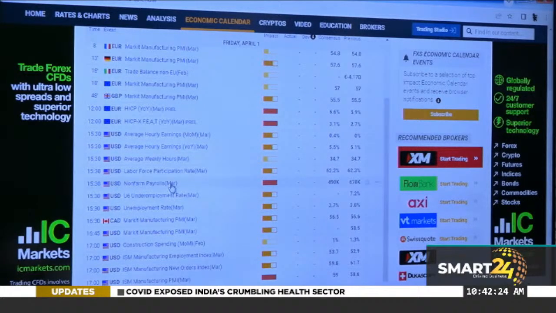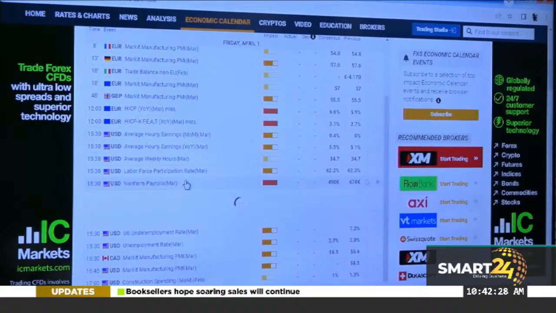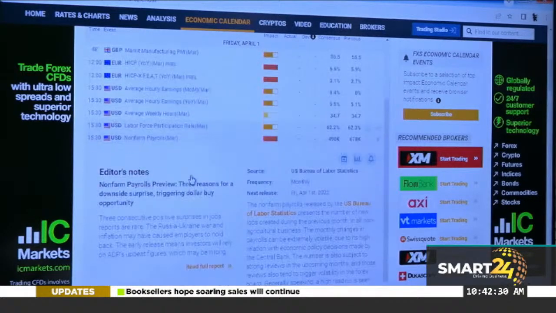Then the main event, the non-farm payrolls. The previous figure on this one is 678K, or 678,000. Then the consensus is 490,000. So for the non-farm payrolls, we expect this very big drop from 678 to 490.